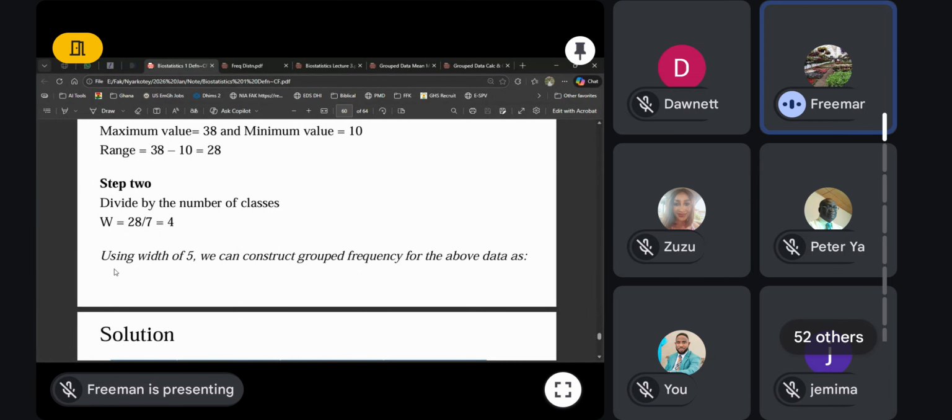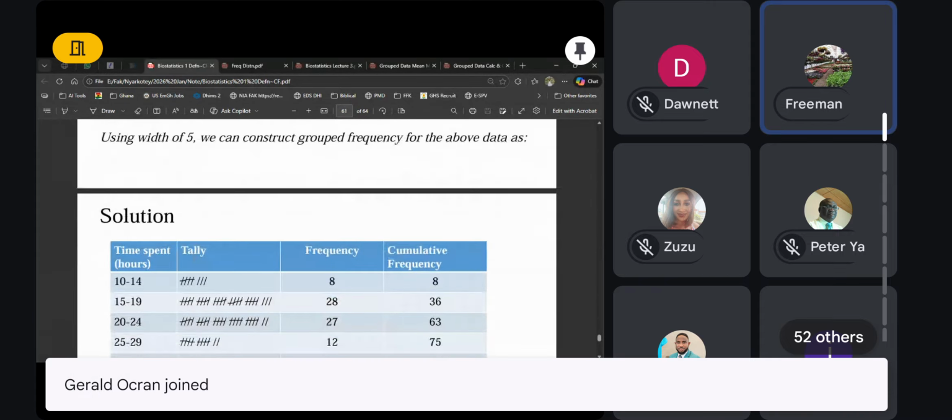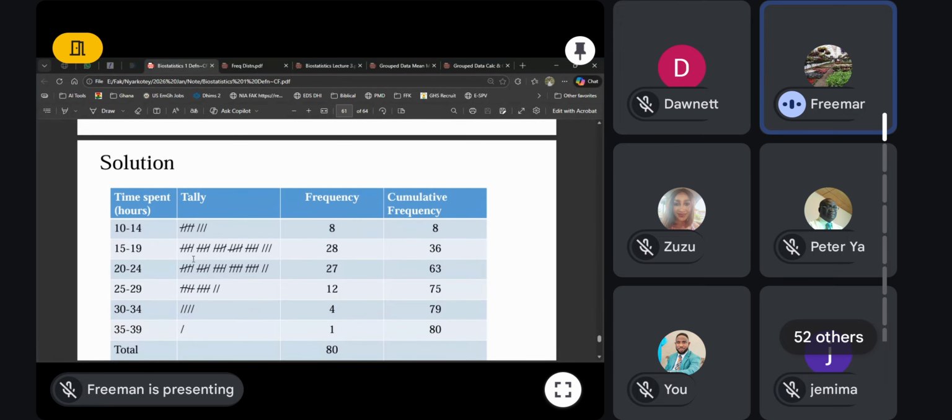But this one is saying a width of 5. You can construct whatever. I told you if you have 4, you can adjust it upwards to 5. There's nothing wrong. You have to be comfortable.